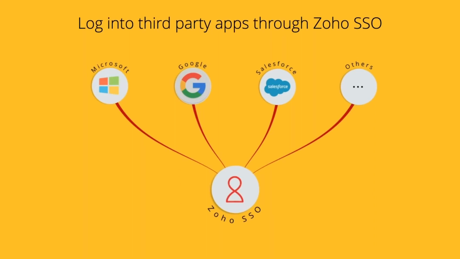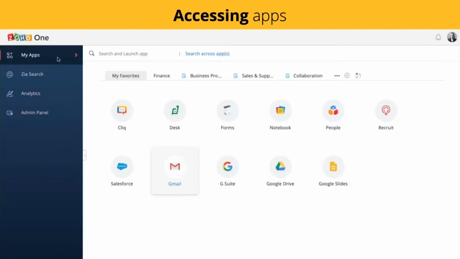And they show up, this is something that's pretty cool, I think, in the same exact menu area too. So here in Zoho One, in the My Apps section, we have Click and Desk and Forms and Notebook. Those are Zoho apps. But as you can see, we also have Salesforce, we have Gmail, G Suite, Google Drive. All that stuff is showing up at your core app launching level.